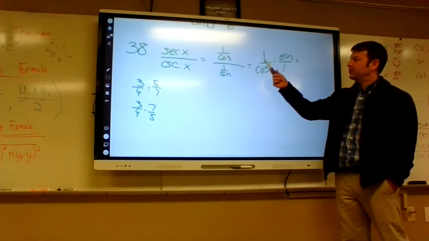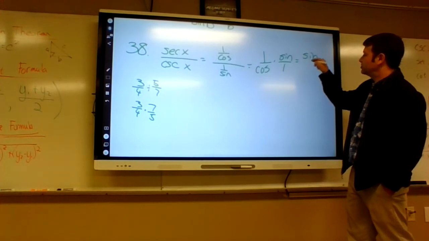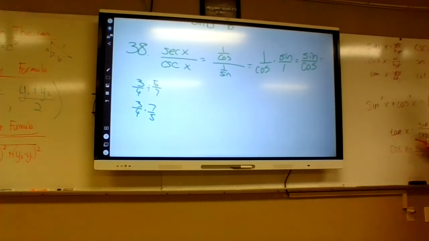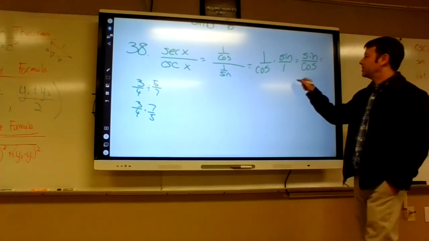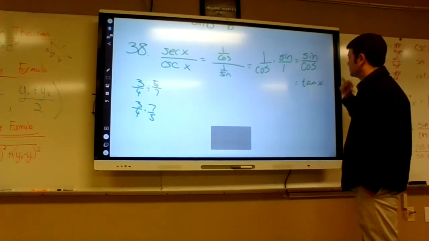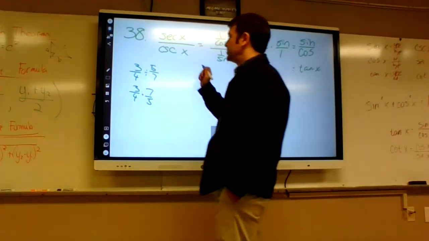What do you get when you multiply these two together? Sine over cosine, which equals tangent. I'll put the x back in there. That's what we're trying to get to.